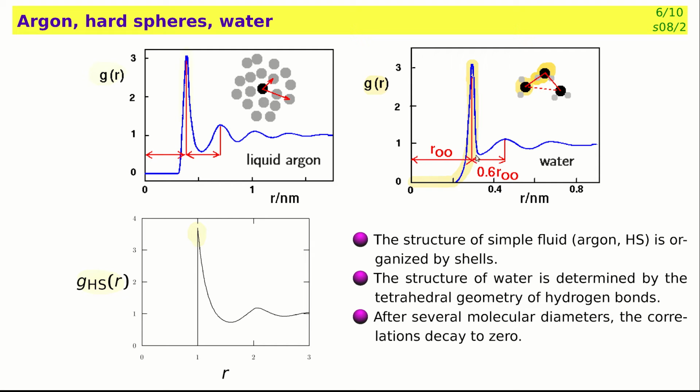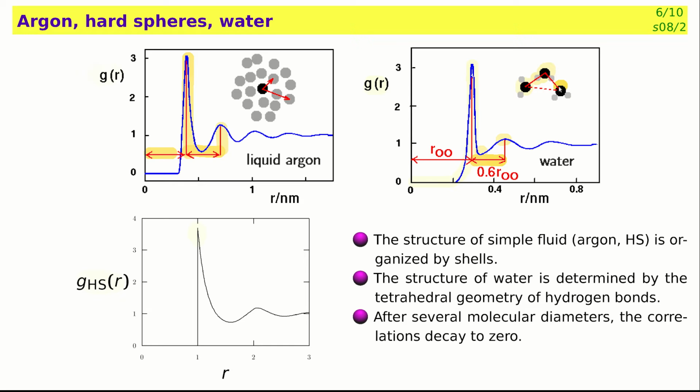Then we have a minimum. But the second peak is not at twice the original distance, or twice the distance of the first shell as for liquid argon, but it's at a bit shorter distance. And that's because water structure is different from the structure of liquid argon.